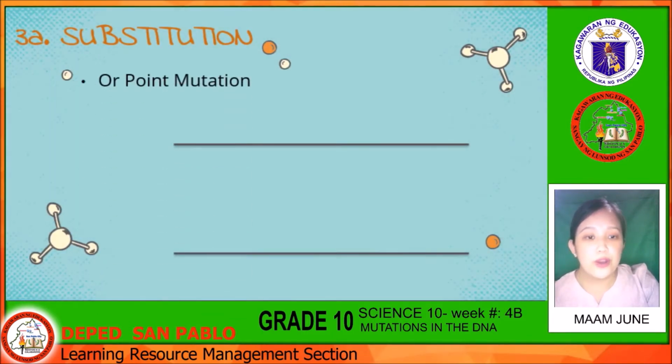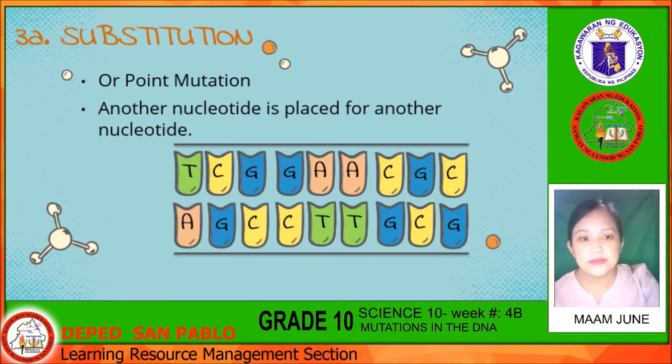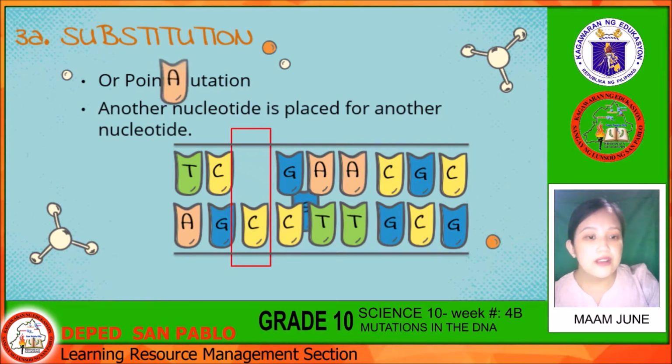Substitution or point mutation can occur when one nucleotide is replaced by another nucleotide. Let us consider this illustration. Given a DNA sequence, say a guanine is replaced by another nucleotide, adenine. This results in a change also in the complementary base from cytosine to thymine.